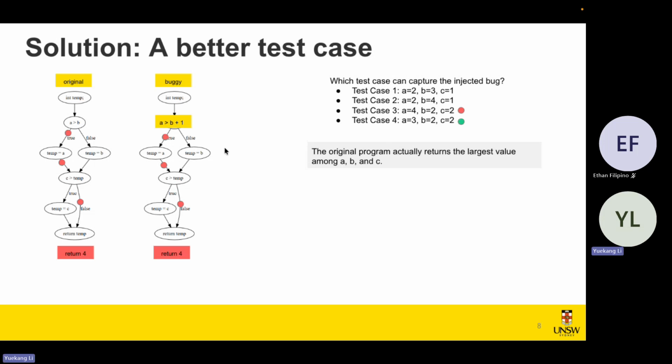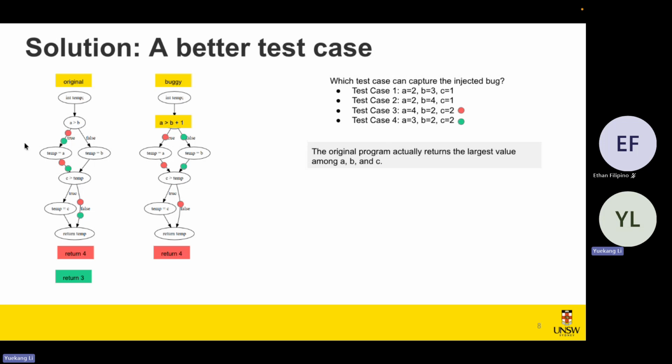And for test case 4, the execution trace is different. For the original program, it's taking the first true branch and the second false branch, and it will return 3. But on the buggy program, because 3 is not larger than 2 plus 1, which is also 3, it will take the false branch after the first if.